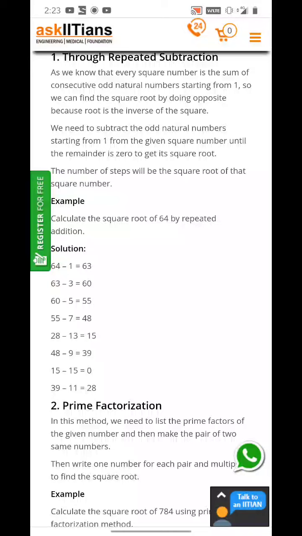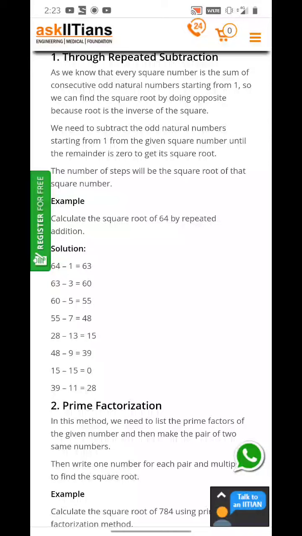So how many steps take place? How many times do we have to subtract to get to zero? We have to subtract 1, 3, 5, 7, 9, 11, 13, 15.